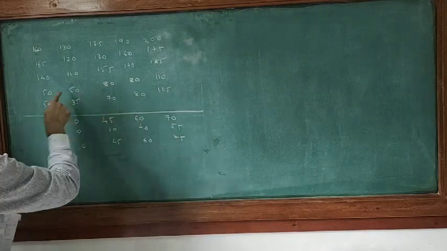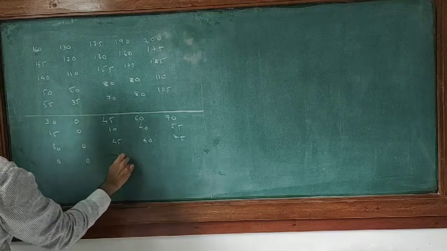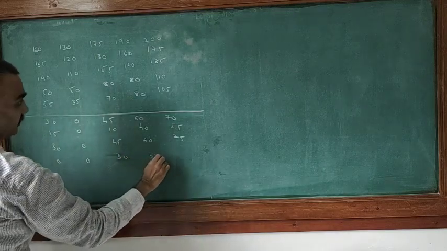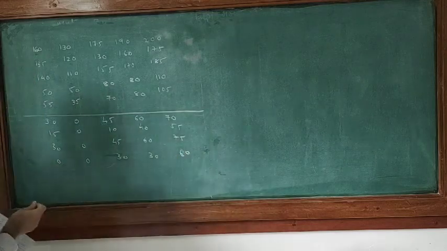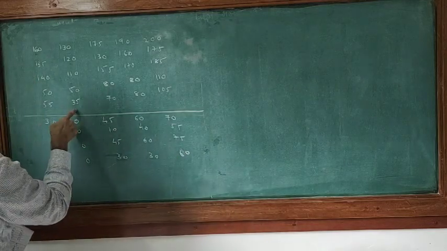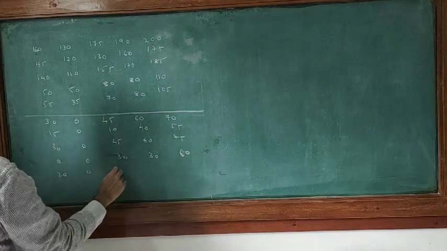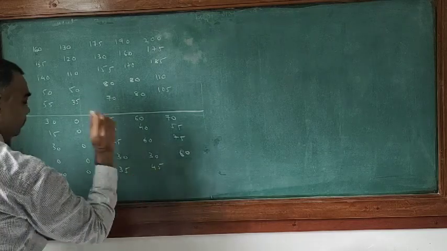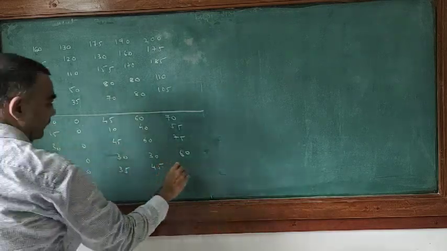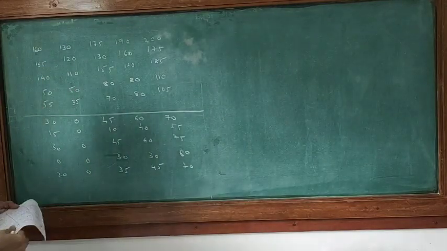Then 50 is minimum, 0, 0, 30, 30, 60. Then 35 is minimum, it is 20, 0, 35, 45 and 70. Now I would like to check it once.